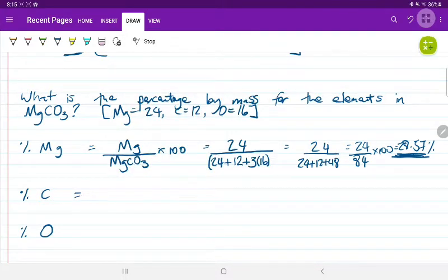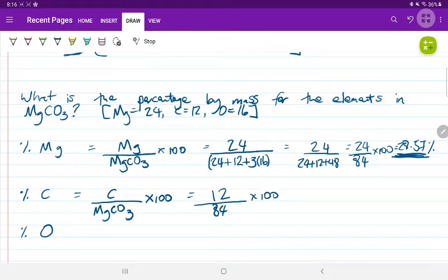Now we come to carbon. So the mass of carbon divided by the mass of the whole thing multiplied by 100. That's going to be 12 divided by the RMM for magnesium carbonate, which is 84, times 100. Now this calculation here, where you find the RMM of magnesium carbonate, don't take that lightly, because you do get a mark for that.